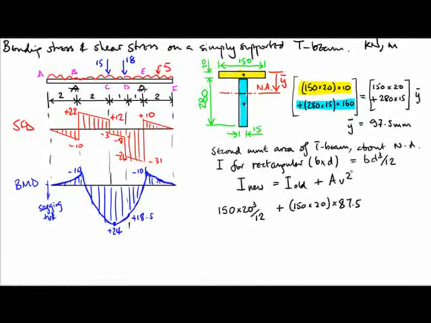So that's 87.5, and it's squared. Quite easy to forget the square bit, so do take note. So that is the I value now for the yellow block bending about the beam's neutral axis, but that's just for the yellow block.